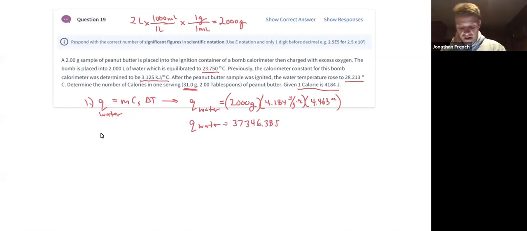And then we also want to find the energy that the calorimeter absorbs. So the calorimeter would go through the same temperature change, and the heat capacity of the calorimeter is 3.125 kilojoules per degree Celsius.